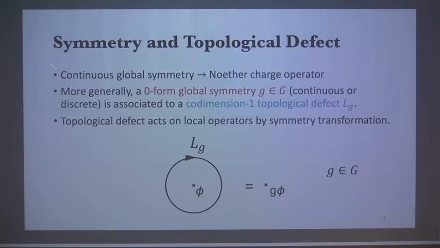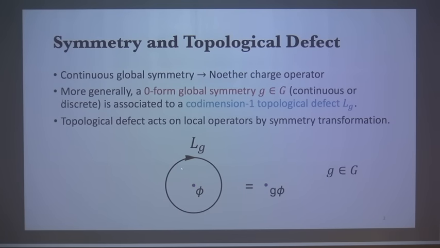More generally, for any zero-form global symmetry, continuous or discrete, there's an associated codimension 1 topological defect, which I will denote by L sub g, where the subscript g labels the group element of the global symmetry. The charge operator, or equivalently the codimension 1 topological defect, acts on a local operator by encircling it.